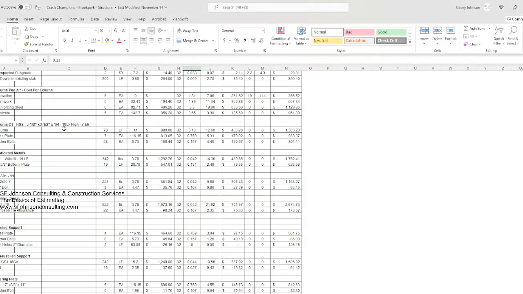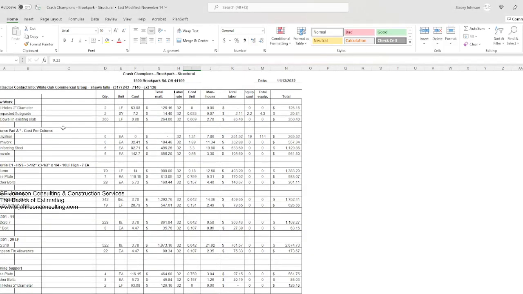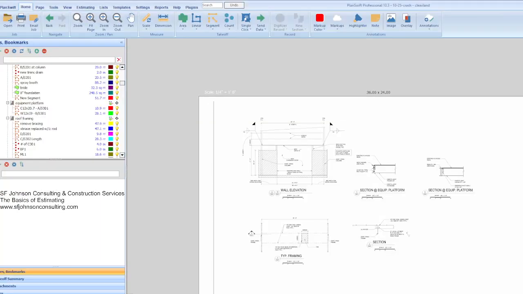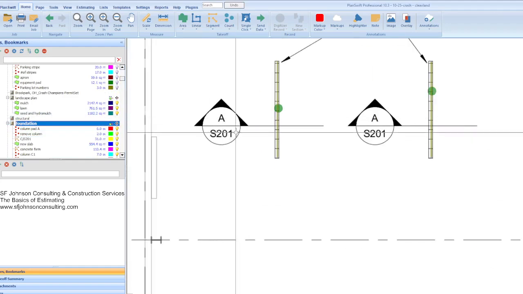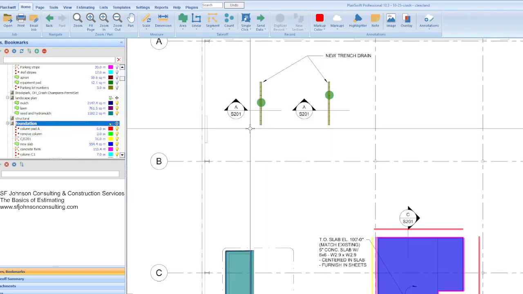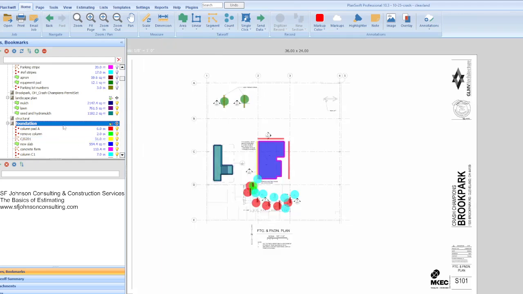Okay, so to produce a good structural, let's see. We had to drill in the holes. I think that was for the pit. Let's go back. For this, the A over 2, AS201.